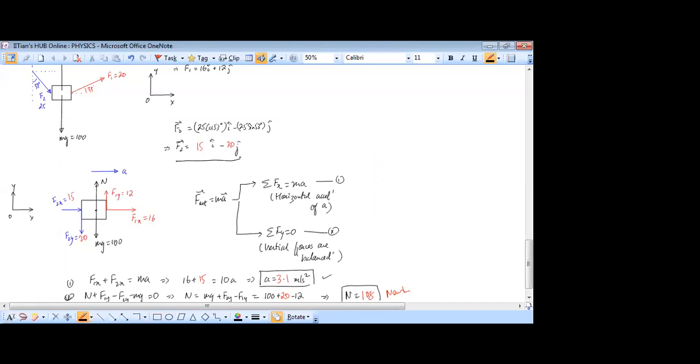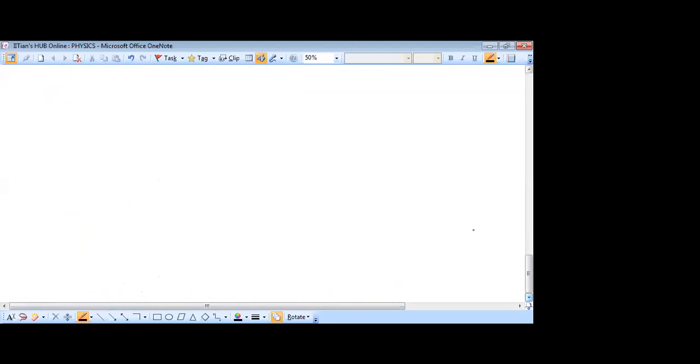See over here we have written, and that is why here in this equation it's coming with a minus sign. Okay, so hope this example is done.